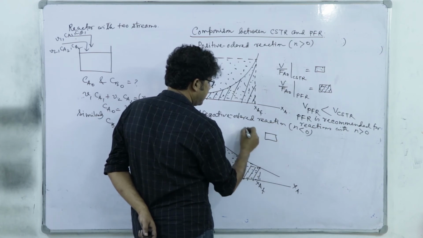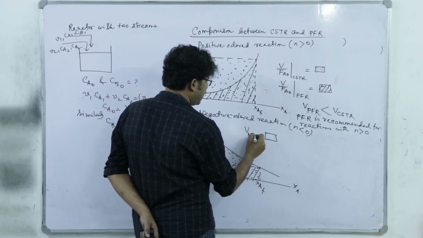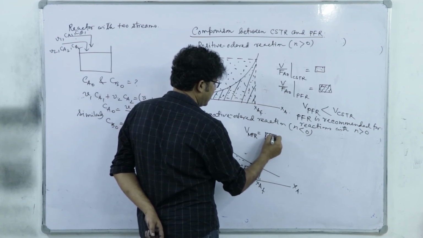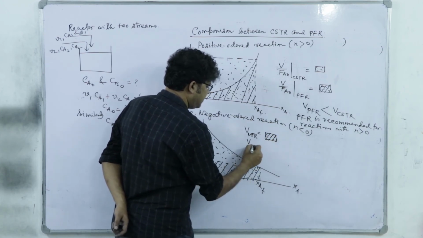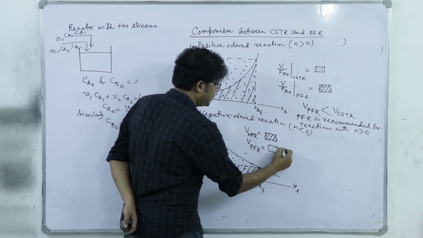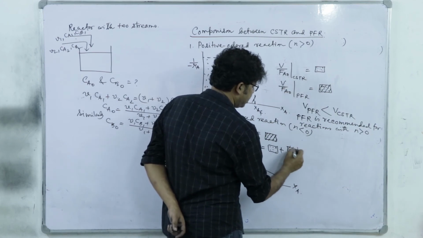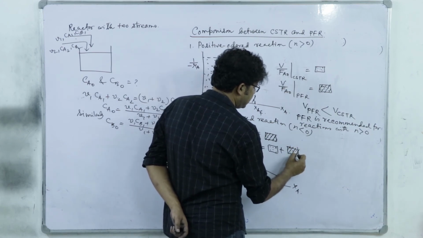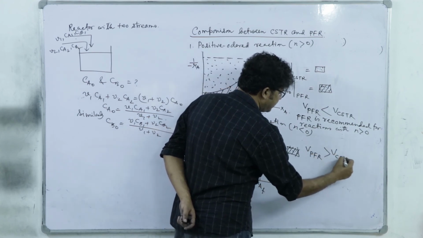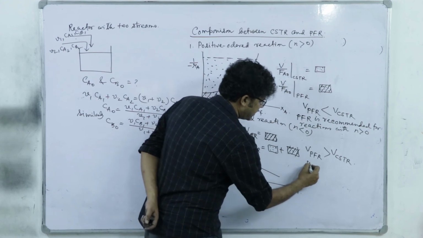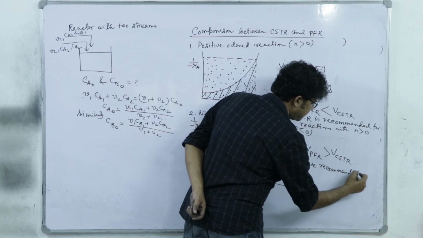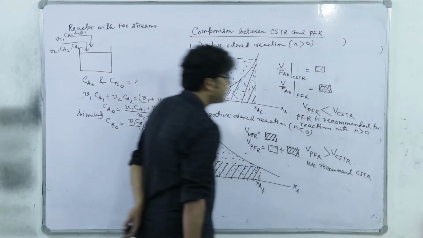So V MFR or CSTR, whatever, it's this hatch and dotted area. V PFR is equal to this dotted area plus this hatch and dotted area. So V PFR is greater than V CSTR. So we recommend CSTR. Right.